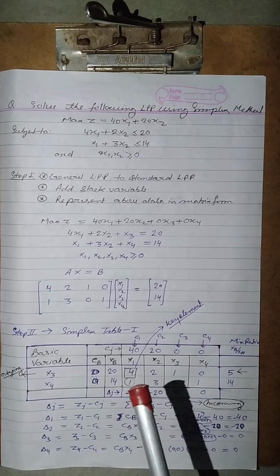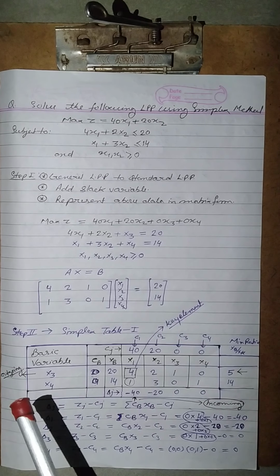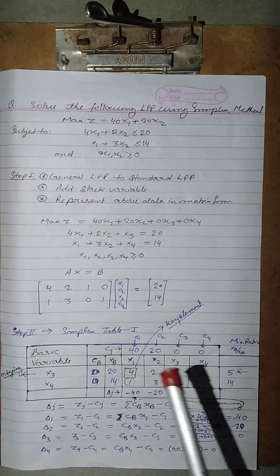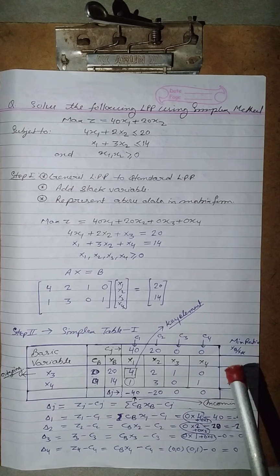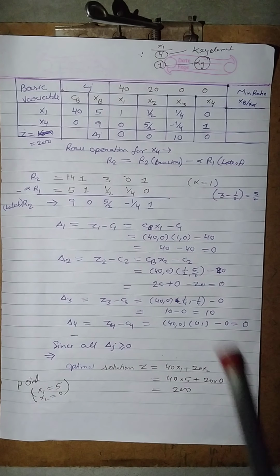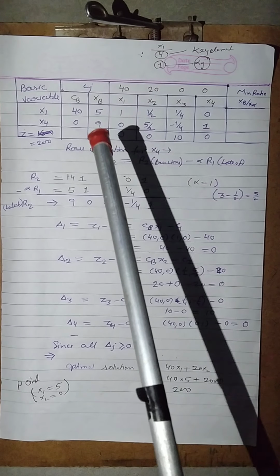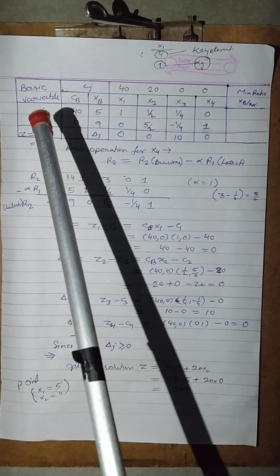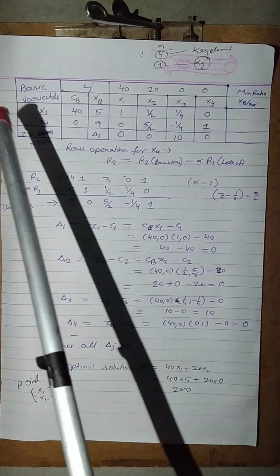We have the outgoing vector and incoming vector in simplex table first. According to the outgoing and incoming vector and the key element, we can construct simplex table second. This is simplex table second, in which x1 is the incoming vector and x3 is the outgoing vector.